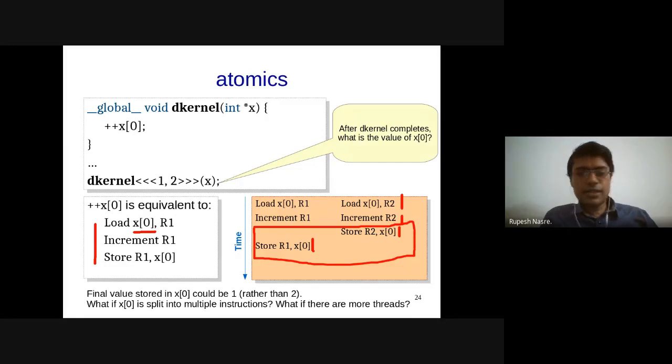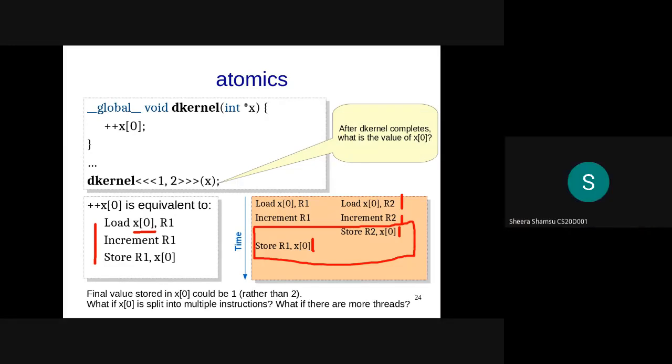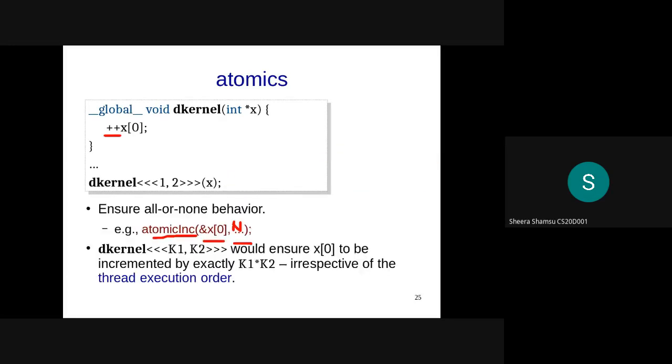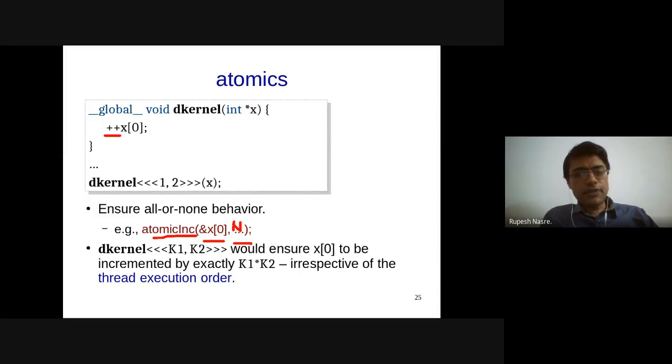Okay, sir. Right? Any other concerns here? No, sir. I understood. Sure. So in general, when you have K1, K2, that's what we wanted to really get to. The atomic increment will ensure that x of 0 is incremented by exactly K1 into K2, irrespective of in which order threads are executed.